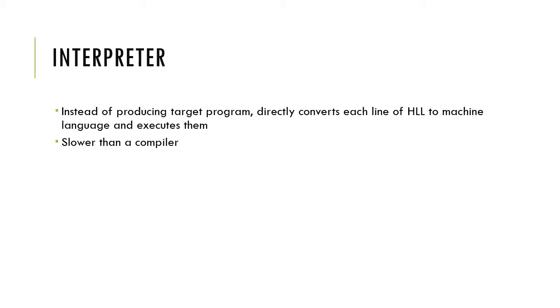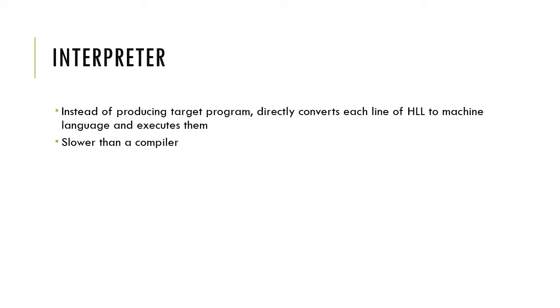Now you can note the source is a high-level language and the target is machine language. So it takes one line at a time, converts it into machine language, and then executes it. The compiler does not do any execution, but the interpreter does the conversion as well as the execution.